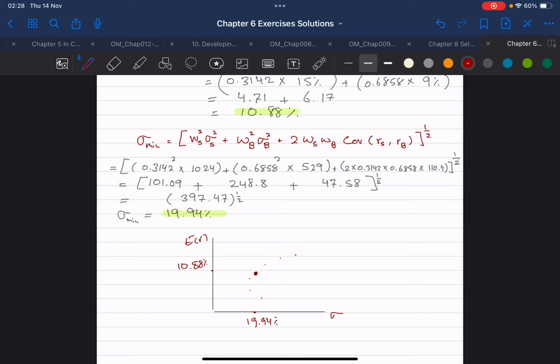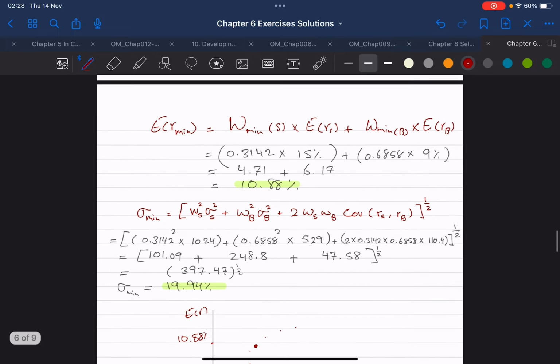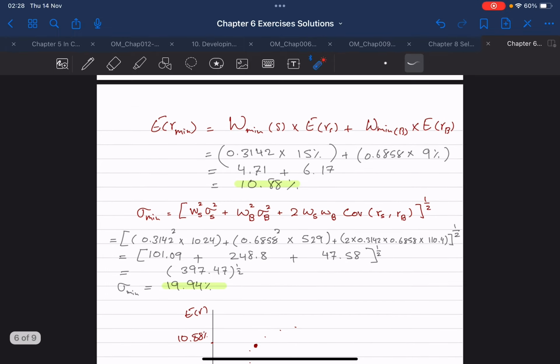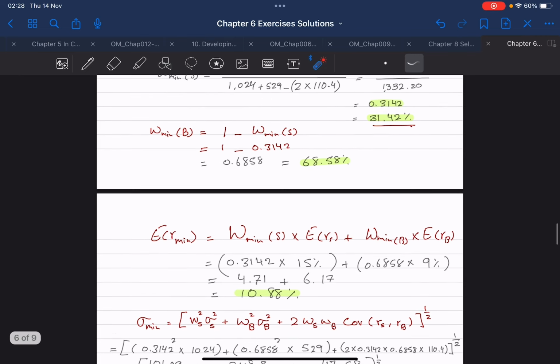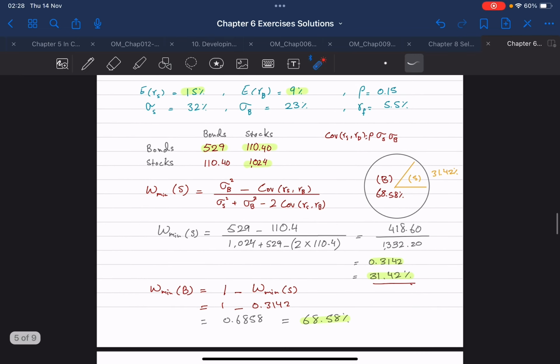Okay, but I don't really ask you to graph. It's worth knowing to relate to what we've covered in the lecture, but for this question, we're going to skip the graph. We just need to do this mathematically and just find the expected return on the portfolio. First of all, you're going to need to find the weights for each component of the fund.